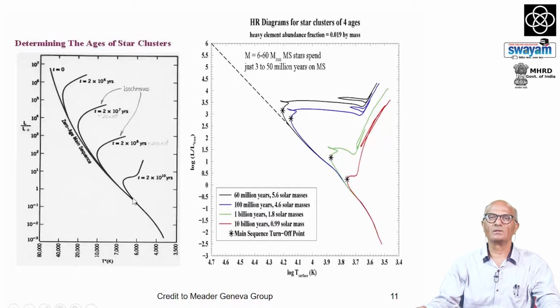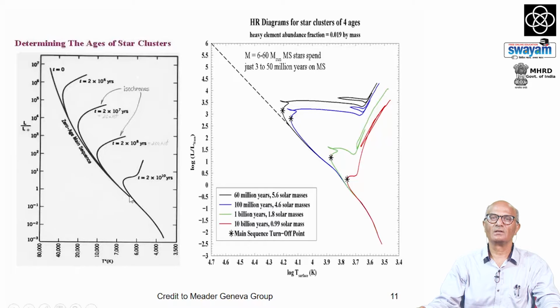So, once a star arrives on the main sequence, as a hydrogen burning star, it practically stays there as long as its hydrogen fuel lasts, and when hydrogen burning starts moving from the core to the shell, that is when it moves.